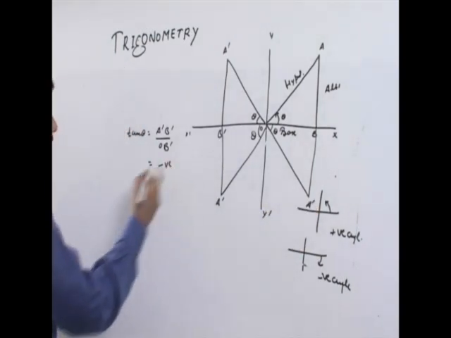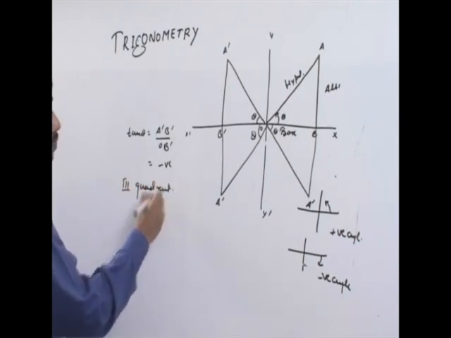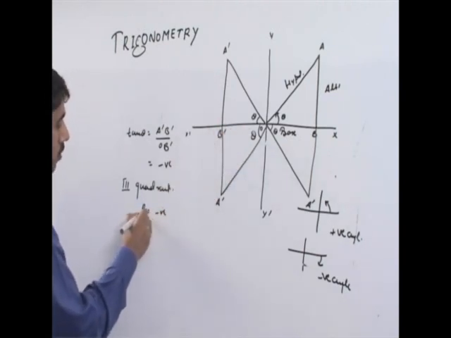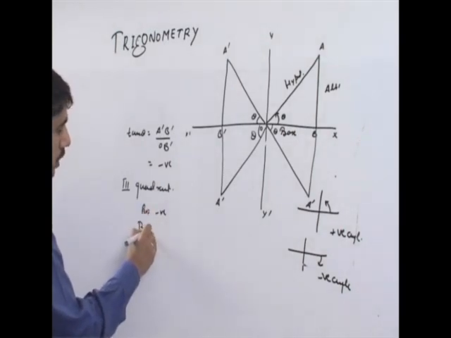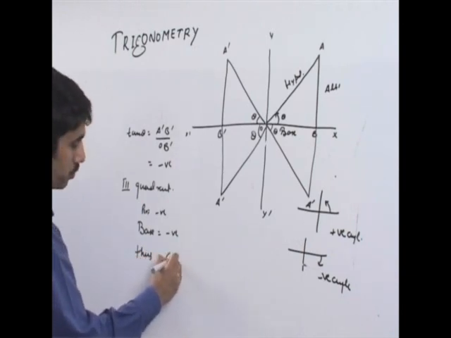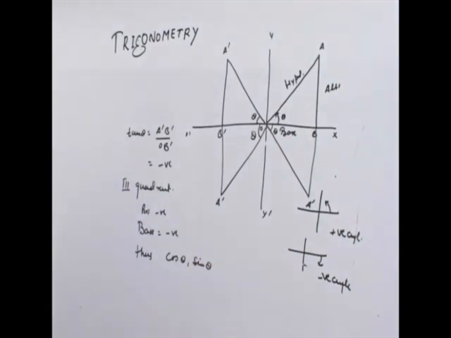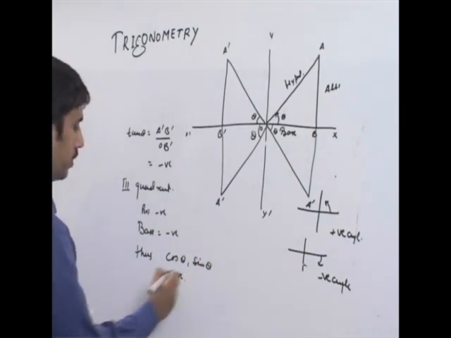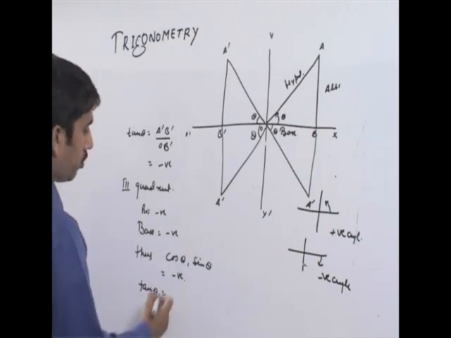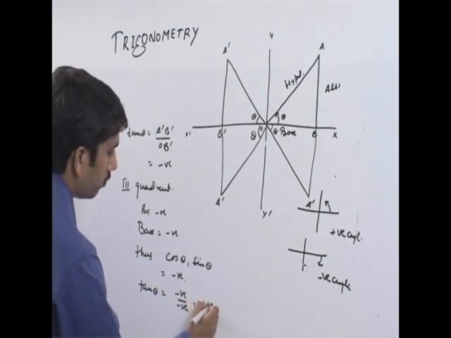In a similar pattern, in third quadrant, perpendicular is negative, also base is negative. Thus, cos theta and sin theta will be negative, and tan theta is perpendicular over base, which is negative over negative, which will become positive.